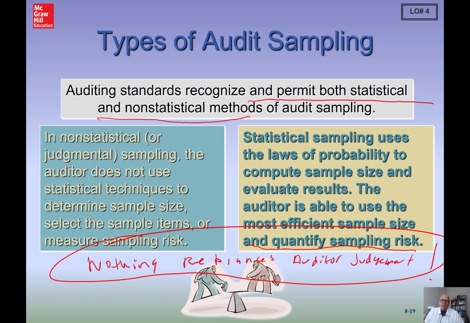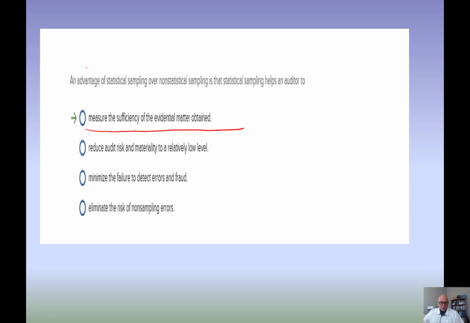You always apply judgment. Sometimes I say, if an auditor uses audit sampling, you don't have to apply judgment. Yes, you do. You always have to apply judgment, whether you're using non-statistical or statistical sampling. Again, remember, the standards permit us to use both. They don't require either or prohibit either, but they permit us to use both. But nothing replaces judgment.